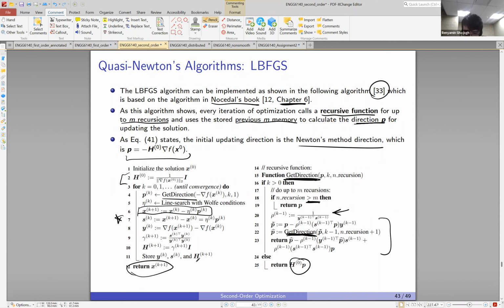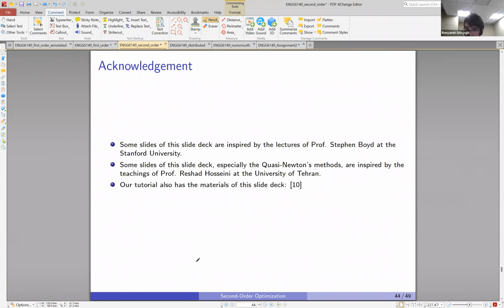And as I said, Professor Reshad Hosseini and Suvrit Sra have used that a lot in their papers. If you look at that, especially in Riemannian optimization, it's used a lot. So, before we end this slide deck, let me give the acknowledgements. Some slides of this slide deck are inspired by lectures of Professor Stephen Boyd at Stanford University, especially the parts on Newton's method, interior point method, barrier method, and also the parts on fast calculation of the linear system of equations in Newton's method, such as Cholesky and conjugate gradient.